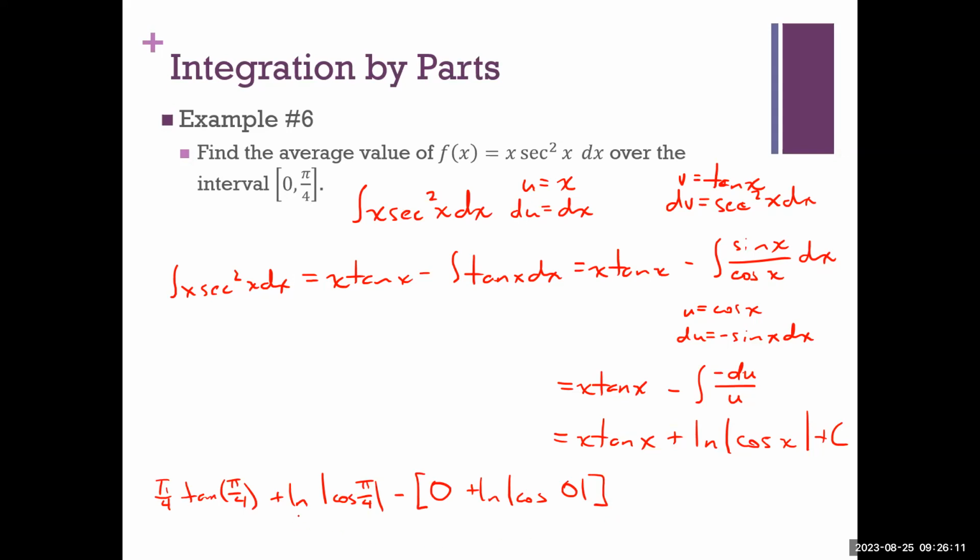What's the tangent of pi over 4? 1. We just asked this in the opposite direction. Plus the natural log of whatever the cosine of pi over 4 is. Root 2 over 2.